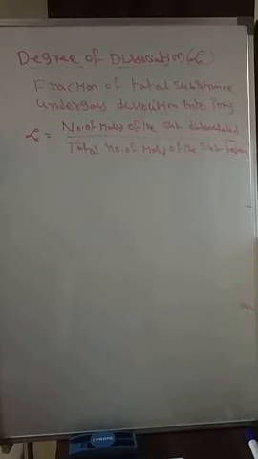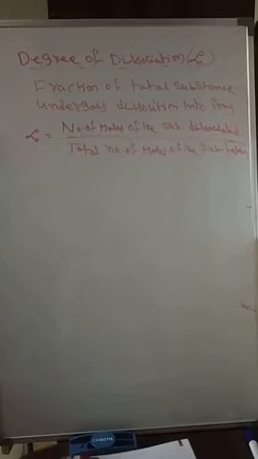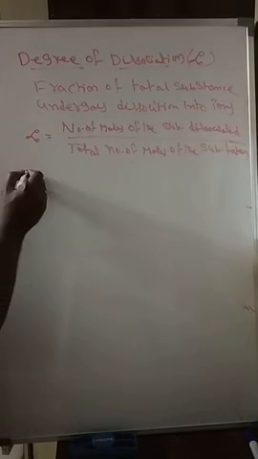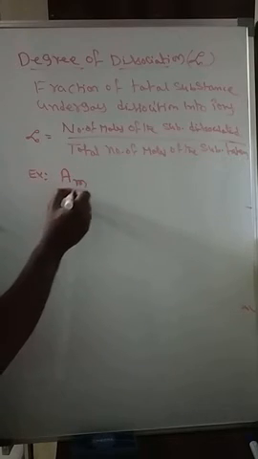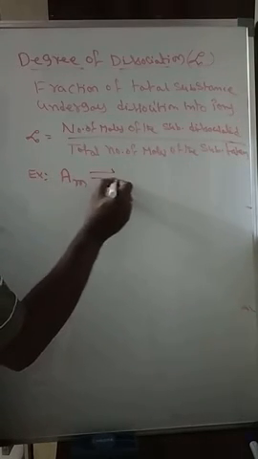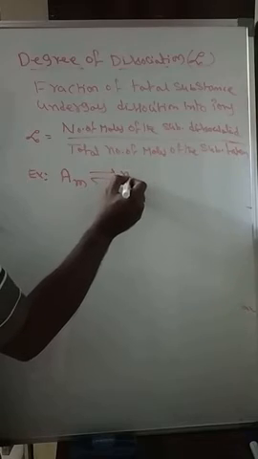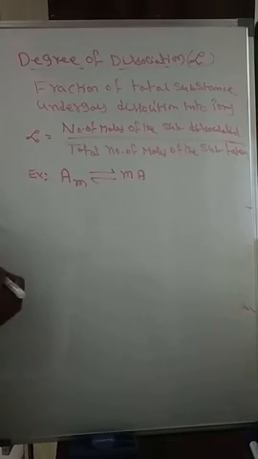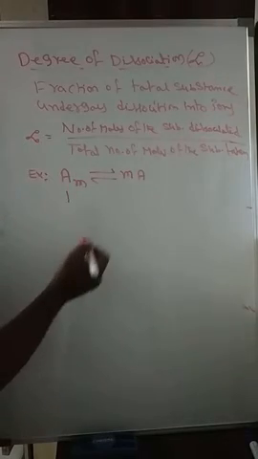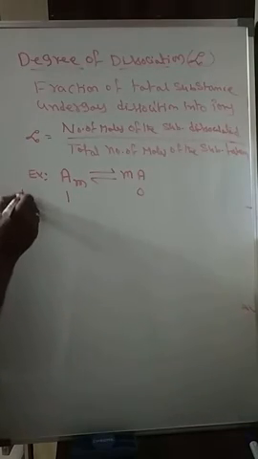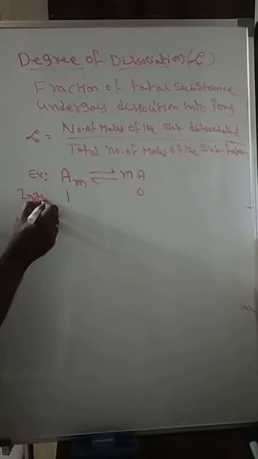Suppose we take an electrolyte, a molecule of which gives m ions after dissociation. Take a general equation, A to M. After dissociation, it gives rise to m alpha. Initially 1 is there, and it is 0 in the beginning, at the initial stage.